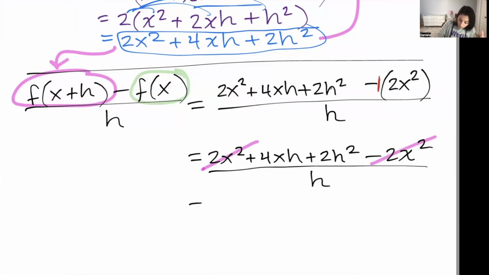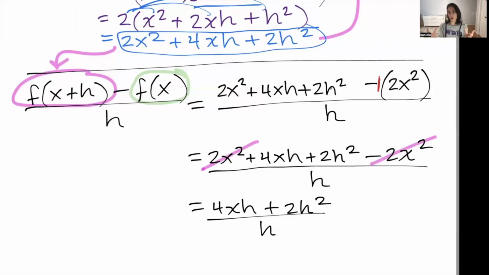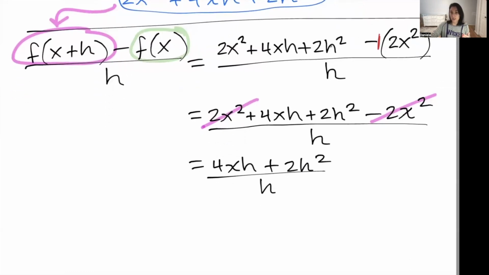So then we end up with 4xh plus 2h squared all over h. After terms cancel out, the step after that is you should always factor using the GCF method. So notice both terms are divisible by 2, and they also have at least one h.